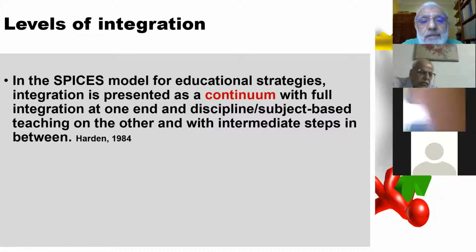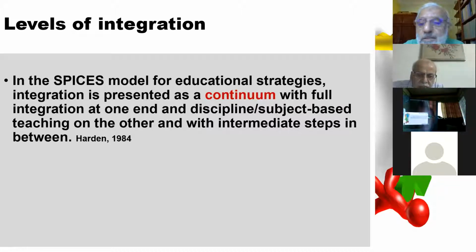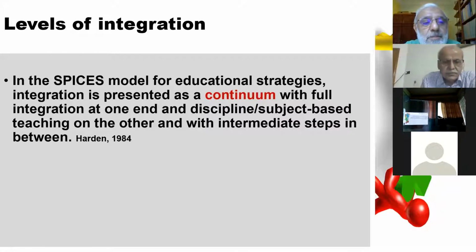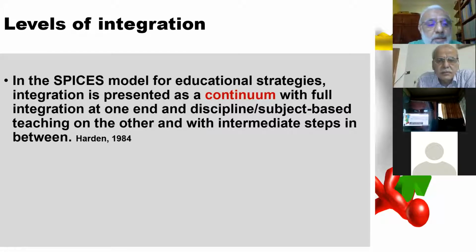So the levels of integration, this is the concept which was introduced by Professor Harden, that integration is a continuum. In the SPICES model of educational strategies, integration is presented as a continuum with full integration at one end and discipline or subject-based teaching on the other, and of course with intermediate steps in between.